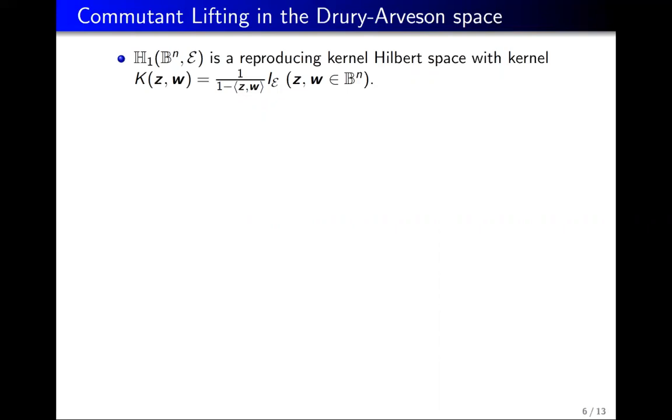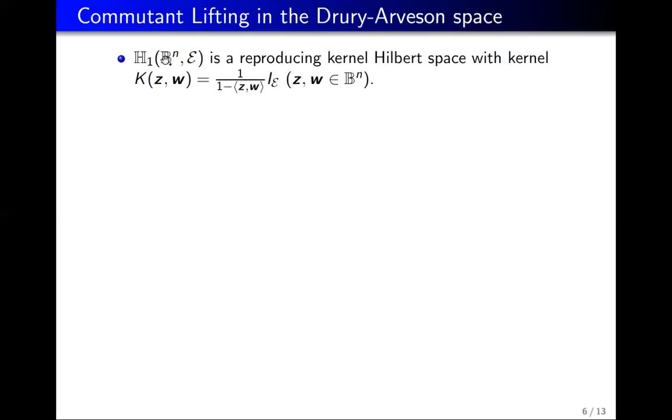So this H^2_n(E) is the Hilbert space consisting of certain holomorphic functions on Bn taking values in E. There is an explicit way one could define this Hilbert space, but I won't define it explicitly here. I take the liberty to define it by saying that it has this kernel. It's a reproducing kernel Hilbert space, with the kernel written here. Once you know the kernel, the Hilbert space is implicitly defined.